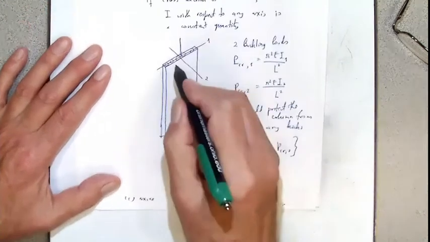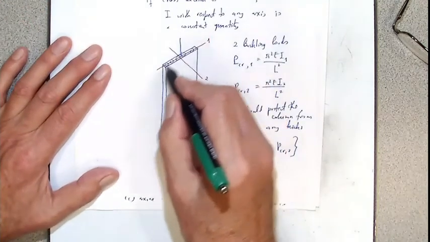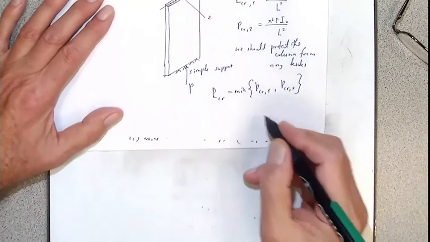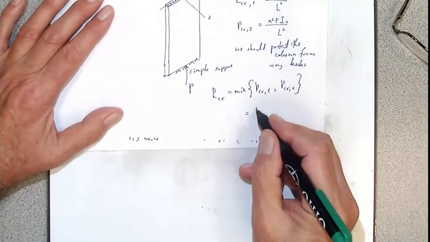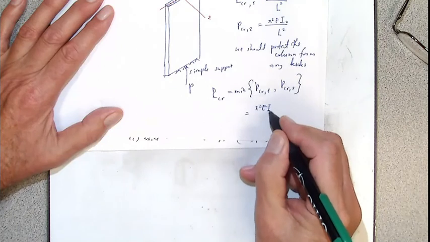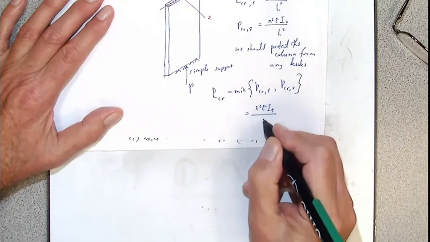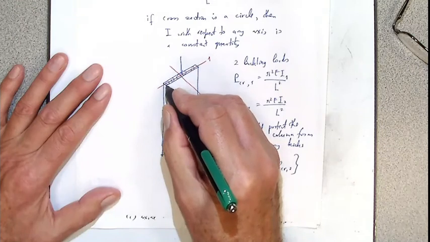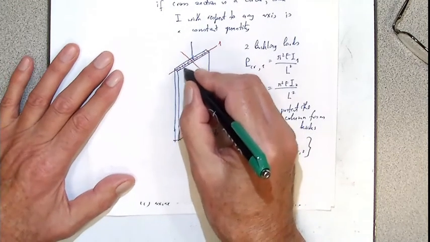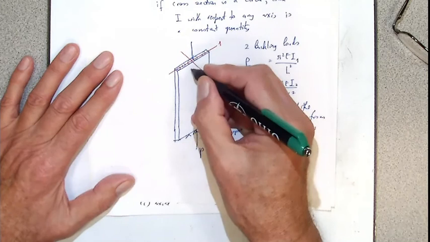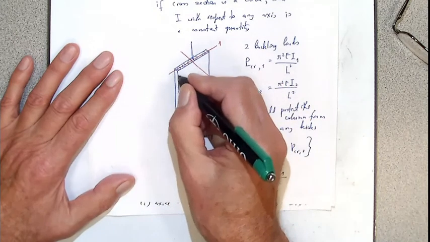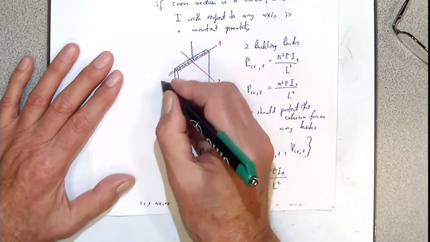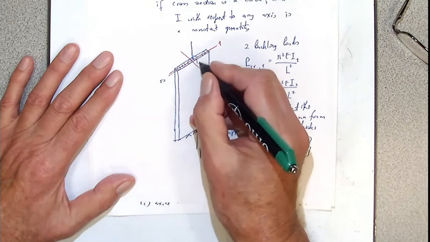And naturally, the smaller moment of inertia is associated with axis 1. Because, look please, imagine that this is 50 and that is 100.